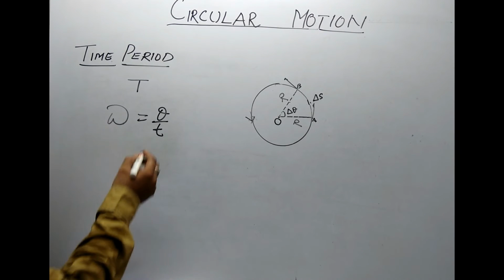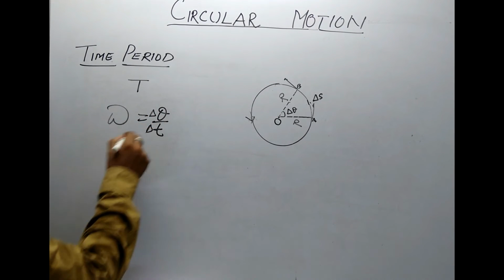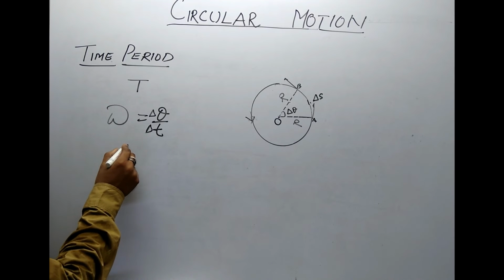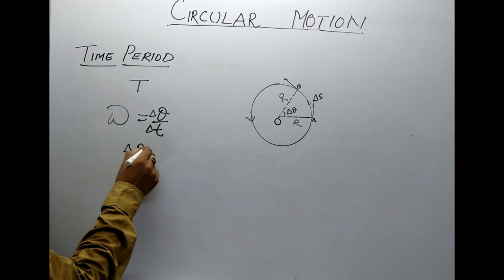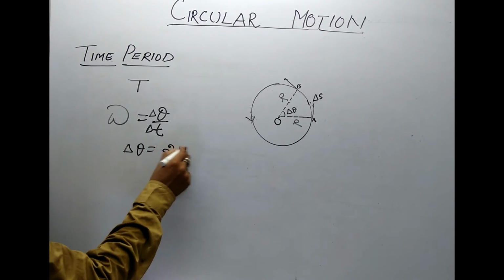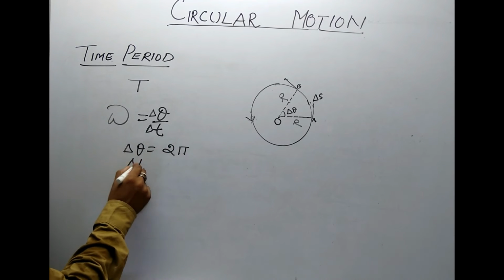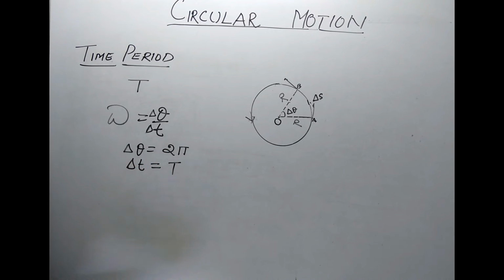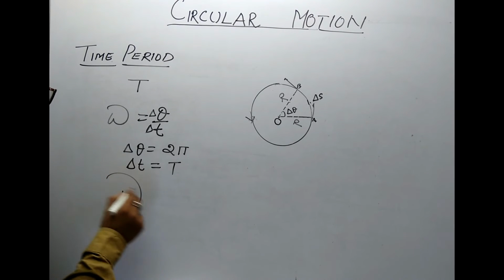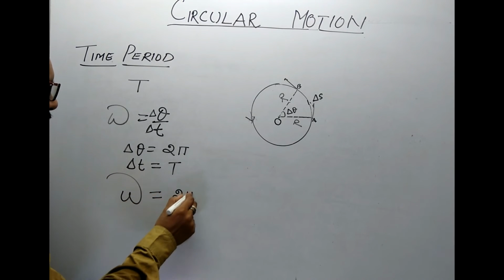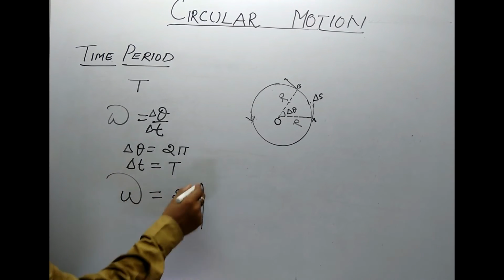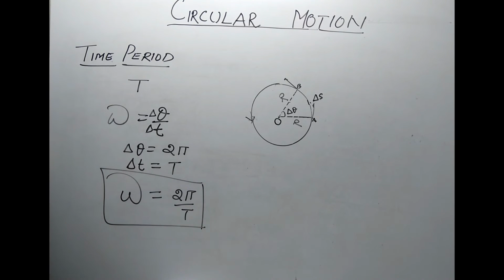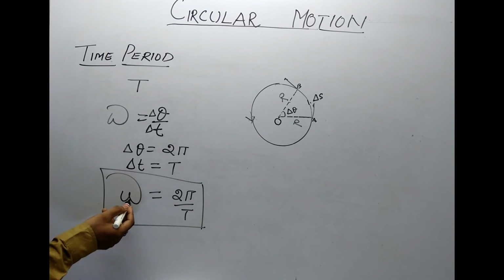Now, when delta theta equal to 2 pi, then delta t equal to T, that is omega equal to 2 pi by T. This is the relationship between angular velocity and time period.